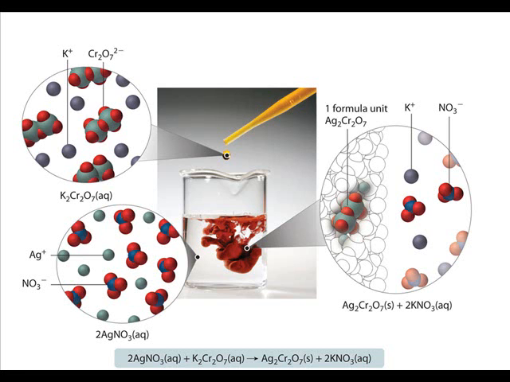Now the first argument is, well, why don't the K+ and the Cr2O7 2- hook up? Why don't they combine? Opposites attract. Well, the answer is they do attract, but the strength of that attraction is not good enough to overcome the attraction that the polar water molecule has for them.